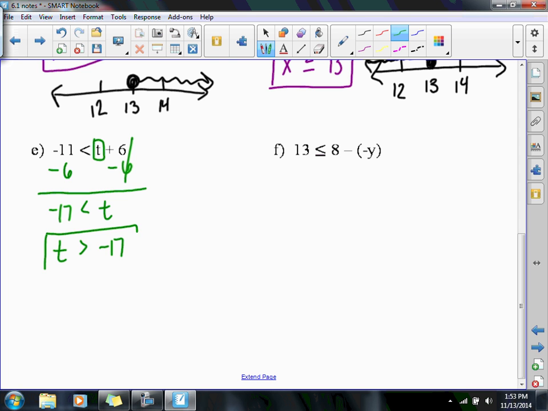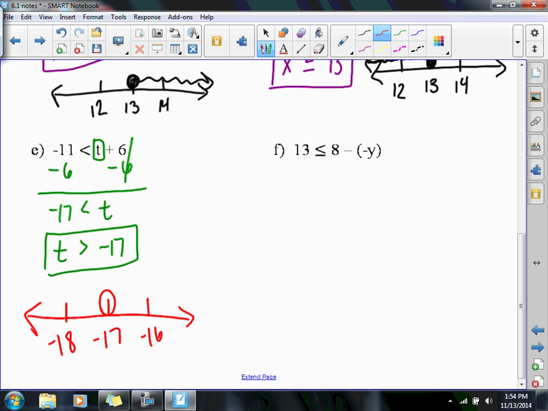So now instead of negative 17 being less than t, I have t is greater than negative 17. So I'm going to have negative 17 on my number line, and negative 16 and negative 18. I have an open circle since it's just greater than, and then I'm going to shade everything to the right.